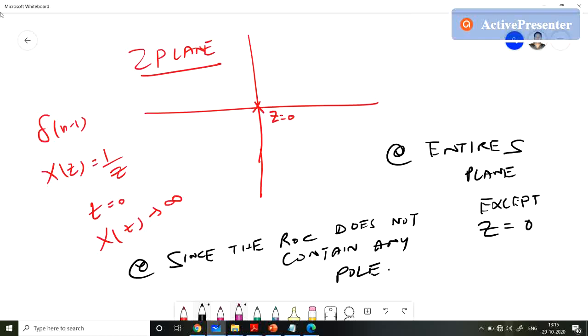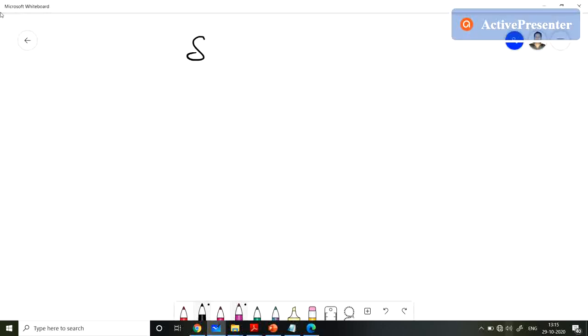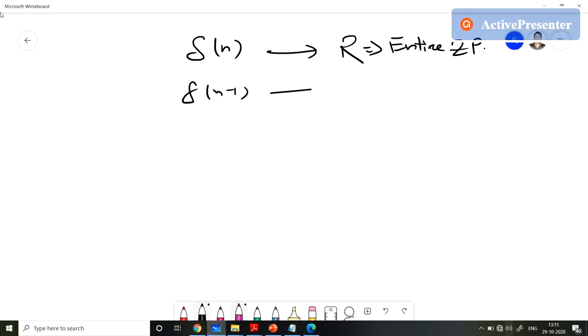So what is the intersection of ROCs? Delta[n] has ROC R, that is the entire z plane, and delta[n - 1] has ROC R dash, that is the entire z plane except z equals 0.